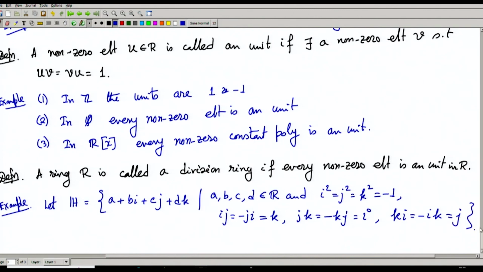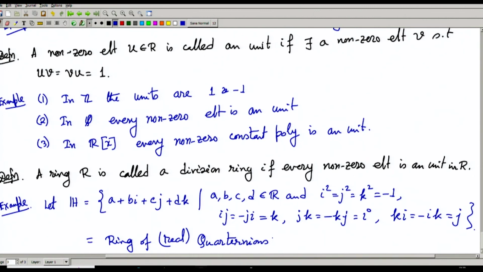These are the relations between i, j and k. This is known as the ring of real quaternions.